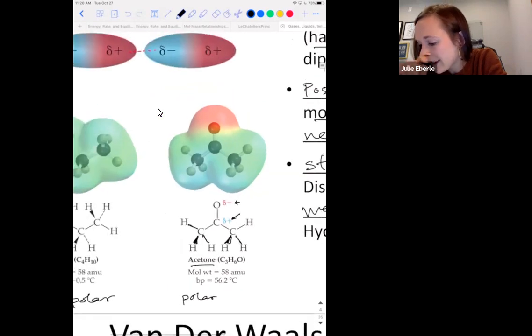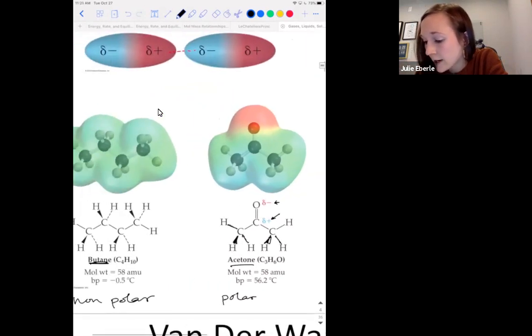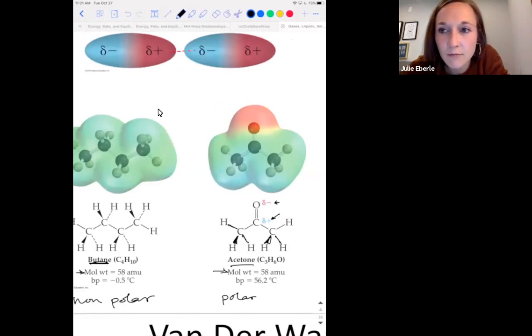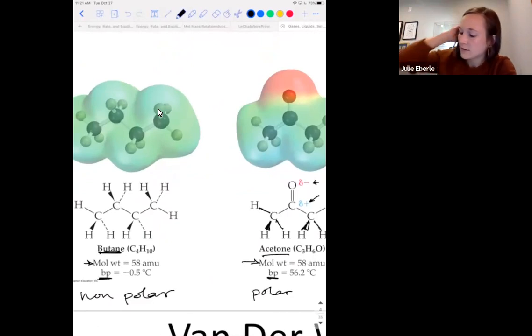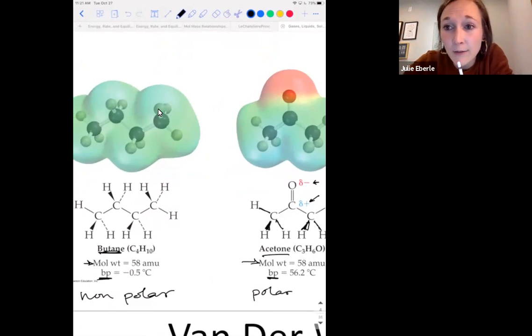Because of that, I want to look at their molecular weights listed. Look at that. Their molecular weights are identical. So they're essentially the same size molecule. So it's not the weight or the mass of the molecule that matters here. But right beneath that piece of information, what do you think BP stands for? It's a temperature. That is the boiling point of these substances.